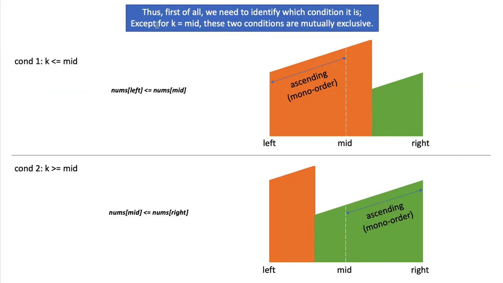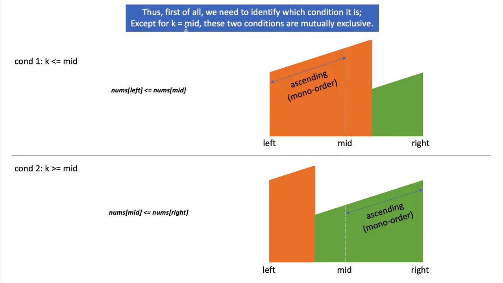Thus, first of all, we need to identify which condition it is. As you can see here, if nums left is less than or equal to nums mid, then we know it's condition 1. On the other hand, if nums mid is less than or equal to nums right, then we know it's condition 2.